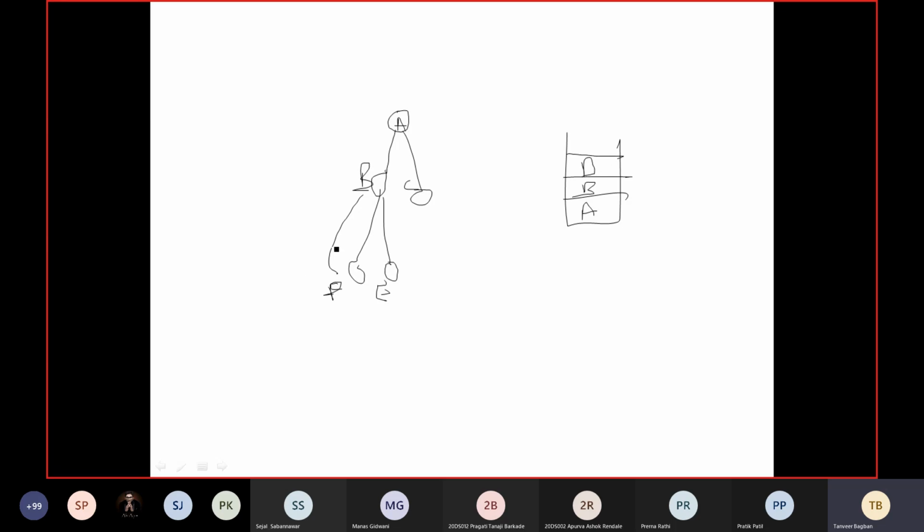Now after D, B is already visited. Then the next to visit is E. Now how can you come to E? First, nothing is there after D, so remove D from the stack. And then B is already visited, so remove B from the stack.